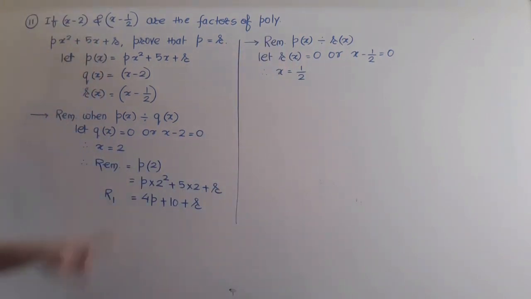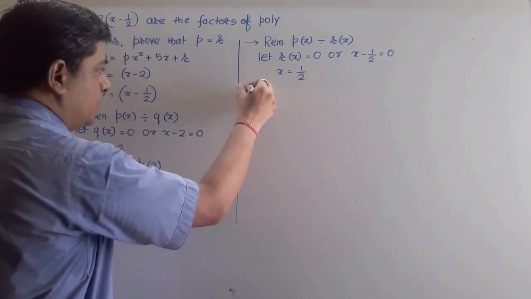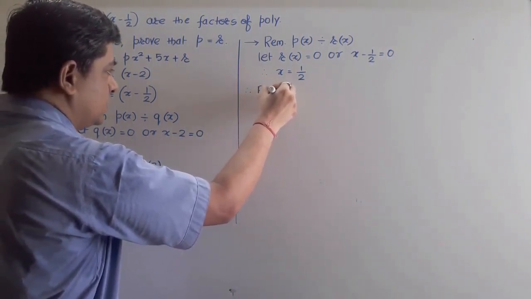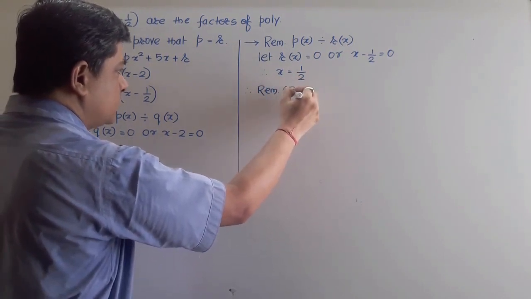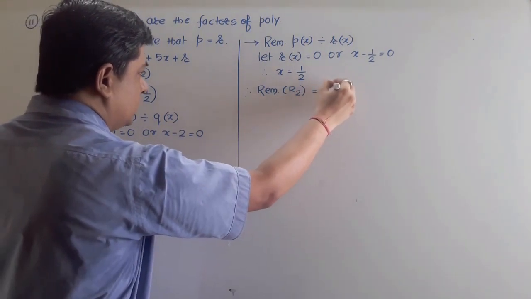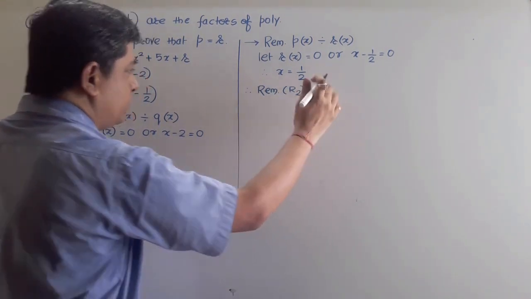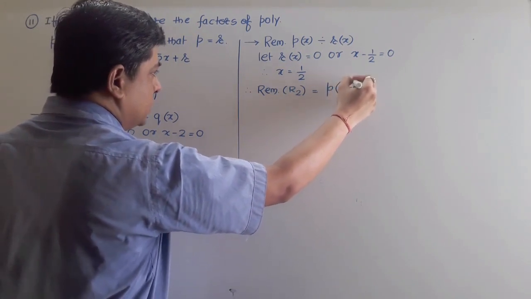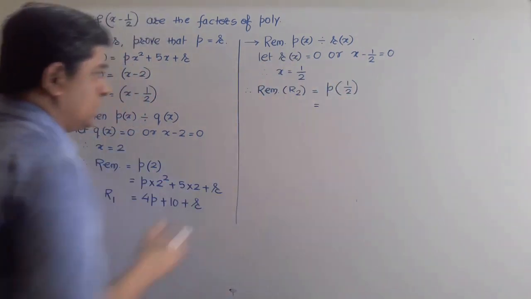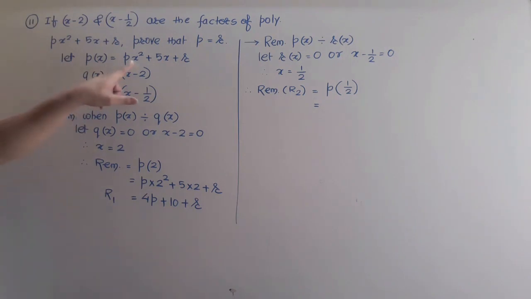Now this value again I will keep in the p(x). So I can say therefore this remainder I can suppose r2. I am supposing r2 will be equal to p of 1 upon 2, right? Now put the value here. So p of 1 upon 2, here I am putting the value.